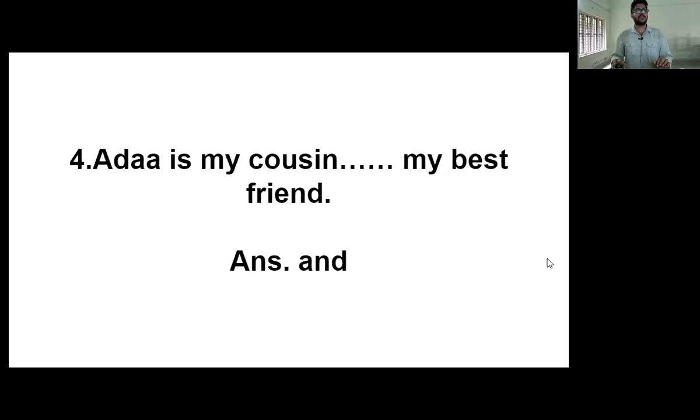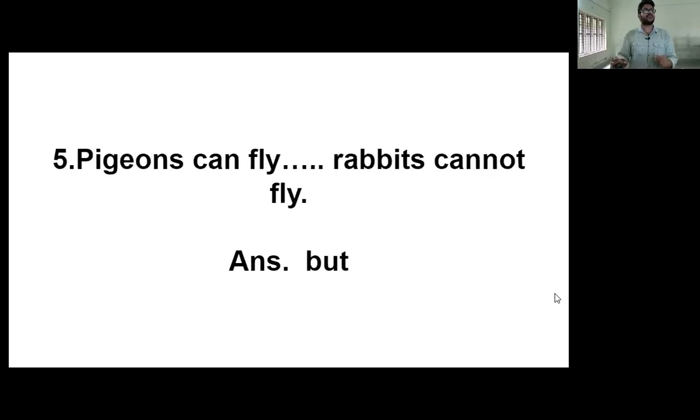Okay, moving to the next sentence. Adaa is my cousin dash my best friend. So this statement is about one person, right? So we are using and. So the answer is and. Write down the and in that blank. Did you finish? Okay. So moving to the next one.